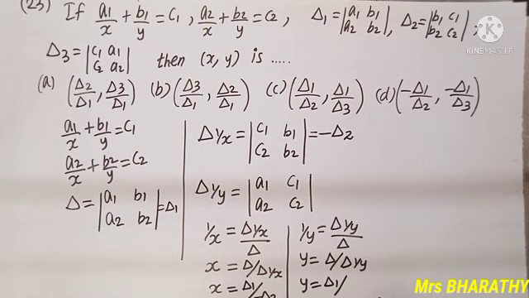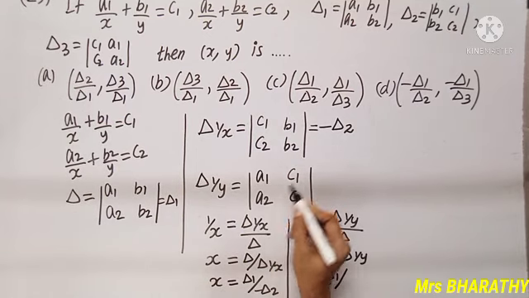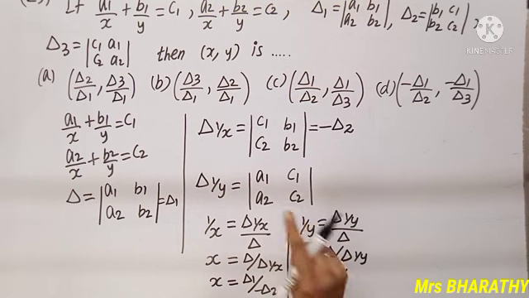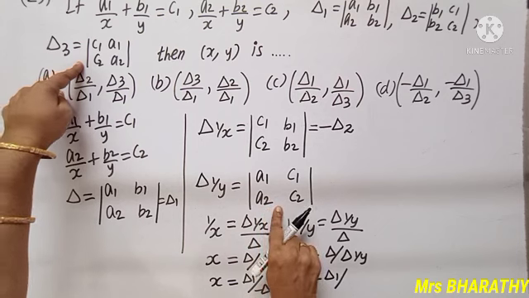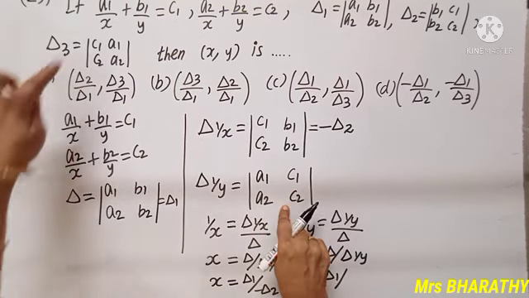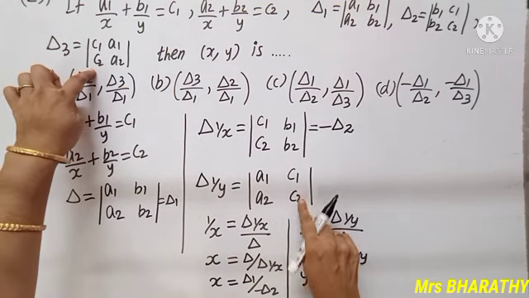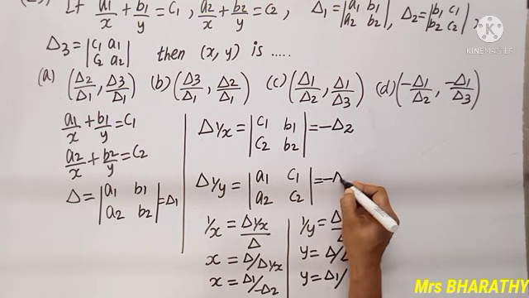What is del 1 by y? Del 1 by y, I have a1 c1 a2 c2. I compare this with del 3. Del 3 and del 1 by y are the same, but the columns are interchanged. c1 c2 as the first column, c1 c2 as the second column. So this is minus del 3.